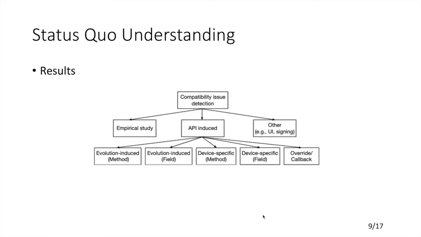Furthermore, we categorized the incompatible APIs into 5 types: evolution-induced, including methods and fields, that is, the evolution of the operating system, where the same app on the same device could not run successfully on different OS versions; device-specific, including methods and fields, that is, the same app on the same Android version cannot run successfully on different devices; and the override callback methods due to the evolution of the Android framework.